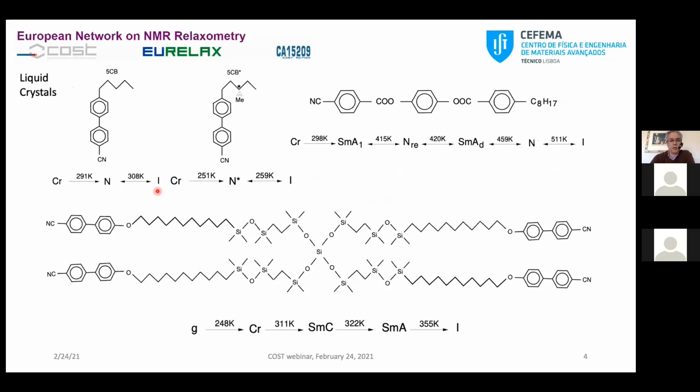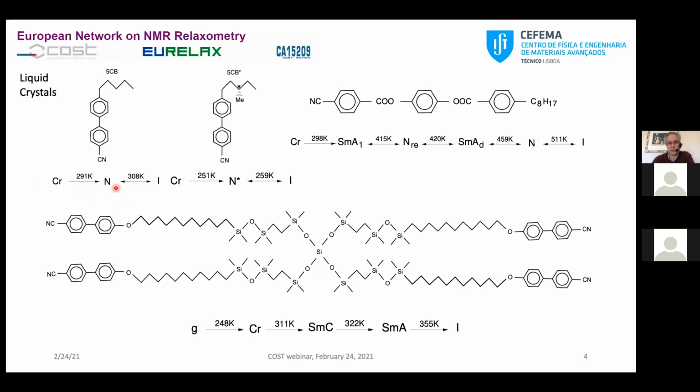They all belong to a class of chemical compounds known as liquid crystals because, depending on temperature, they can present different types of phases between that of isotropic, which I have here, and that of crystal. There can be intermediate phases, and we can move from one phase to the other just by cooling or heating the sample.